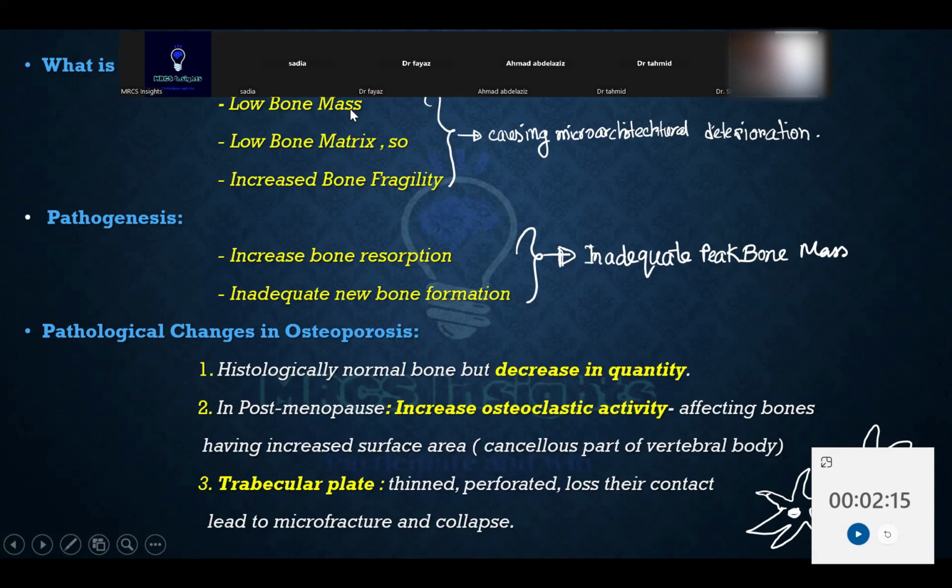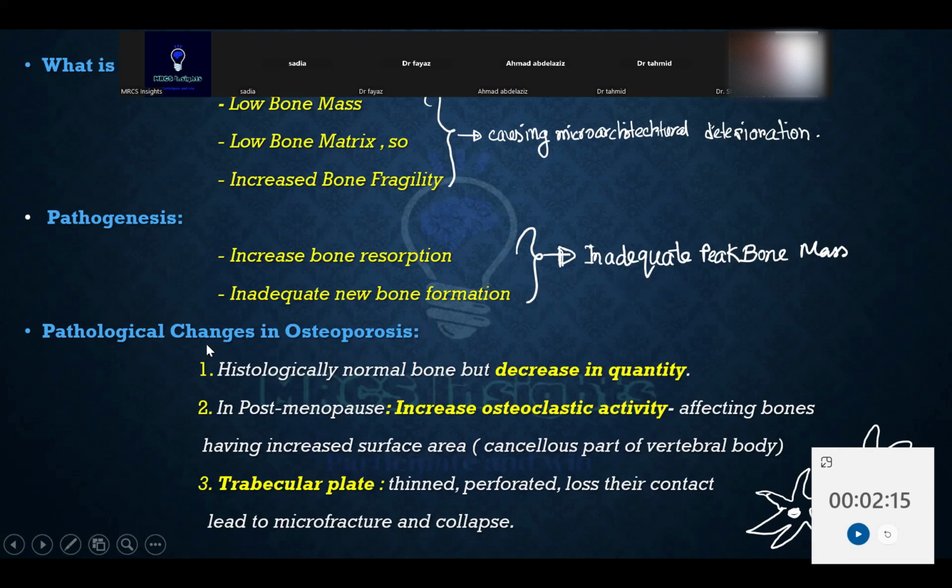There will be low bone mass, low bone matrix, so there will be increased fragility, and for these reasons there will be microarchitectural deterioration. Pathogenesis is very simple. There will be increased bone resorption because of increased osteoclastic activity, and inadequate new bone formation because of decreased osteoblastic activity. So what will be the result? Inadequate peak bone mass. Try to remember like this.